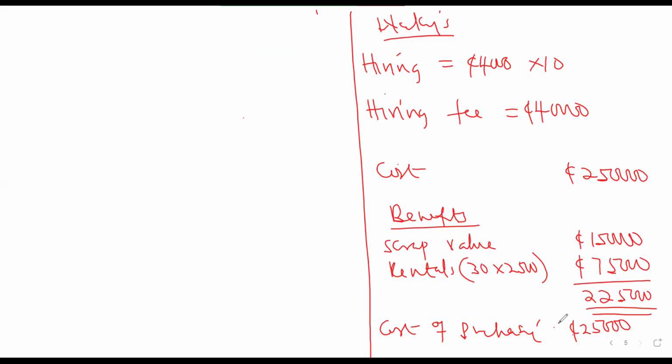If we want to hire the machine, we are going to be paying what? 4,000 by 10, that will be 40,000. But if we purchase the machine, it will be purchased at 250,000. By the end of the year, it will be sold for 150,000, bringing a net cost of 100,000. But the machine will also be rented out to people for 30 weeks.